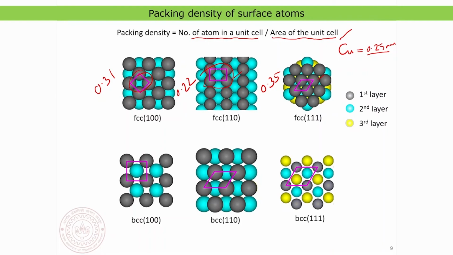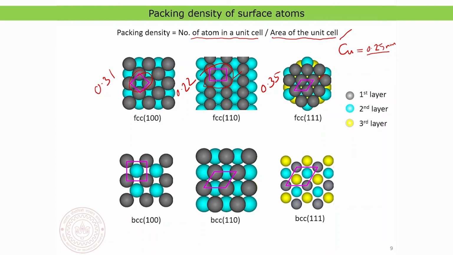Now if I also idealize a situation where the BCC, for a comparison, is also created for copper with the same bulk lattice distance, which is not correct, of course, and it is only for comparison that we are doing that.